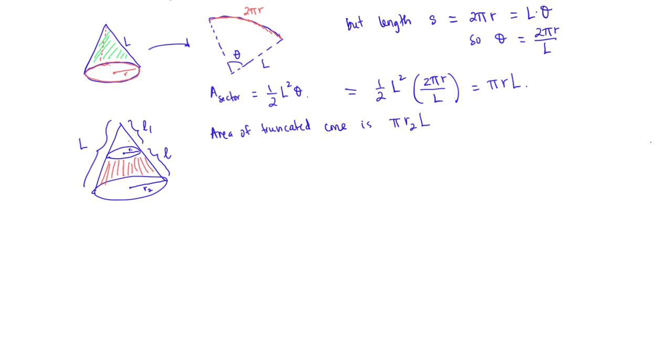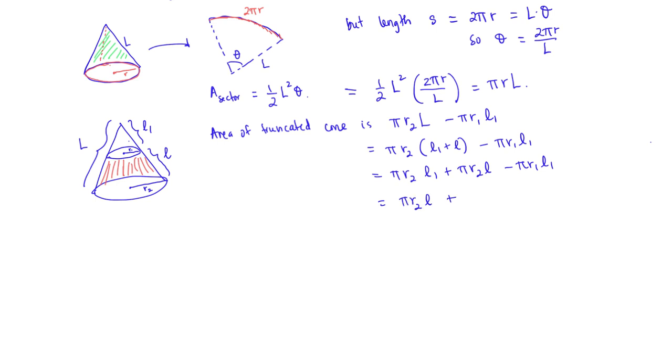The area of the larger cone is pi r2L minus the area of the smaller cone, pi r1L1. But L is the sum of L1 and little l, and so the area of the truncated cone is pi r2L1 plus pi r2 l minus pi r1L1. We then rearrange the terms to obtain pi r2 l plus pi r2L1 minus pi r1L1, and then we factor out pi L1 times r2 minus r1.